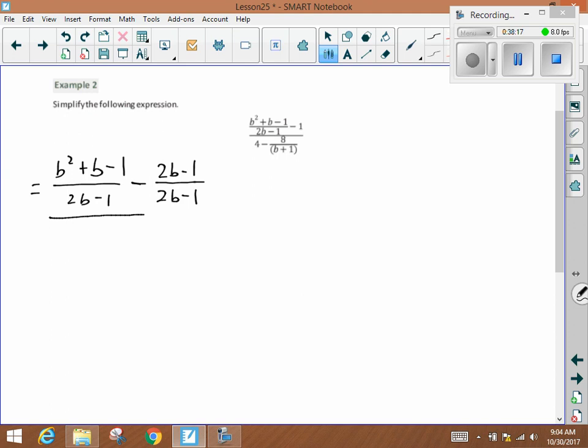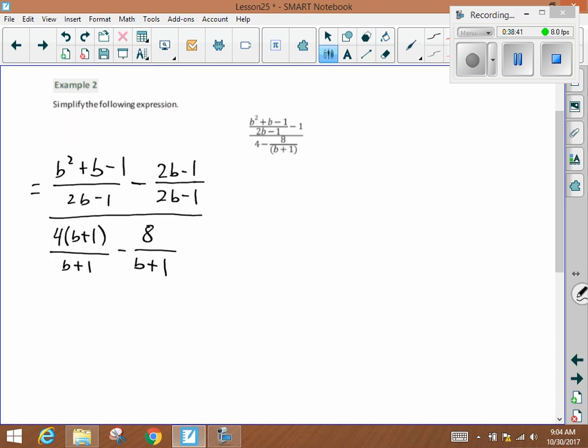I'm going to work the denominator at the same time. I'm going to have to multiply 4 over 1 times b plus 1 over b plus 1. So that's 4b plus 4 over b plus 1, right? That's the same thing as 4, minus 8 over b plus 1.